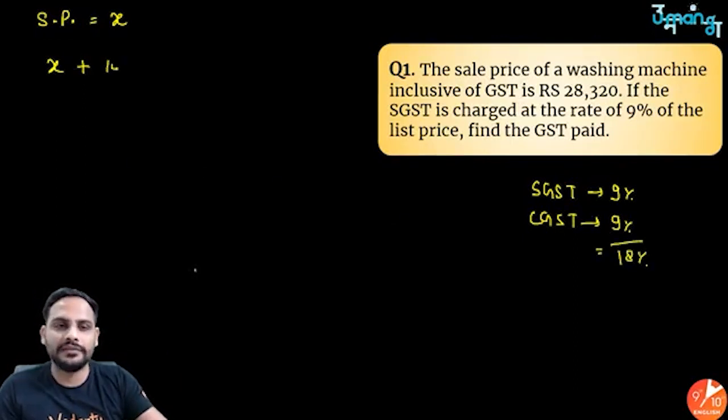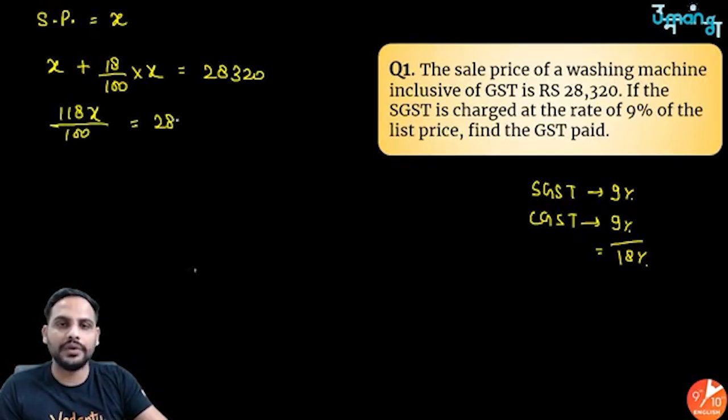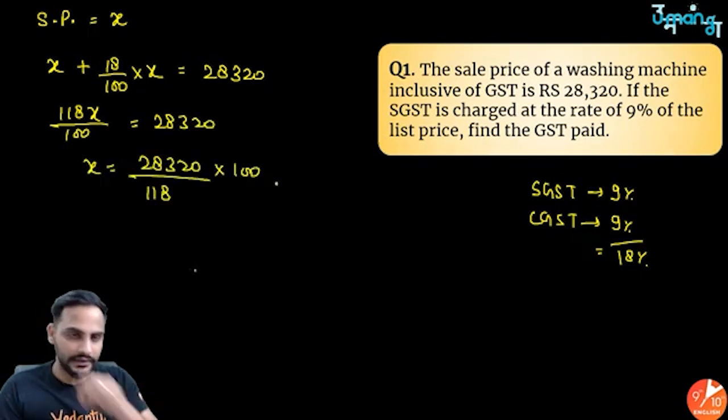So X plus 18% of X will be equal to the price inclusive of GST. Take LCM. So 118X by 100 is equal to 28320. So X is equal to 28320 divided by 118 into 100.